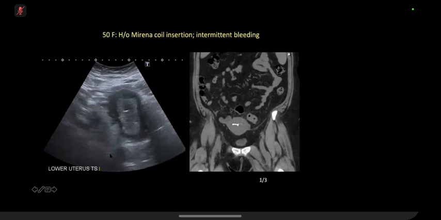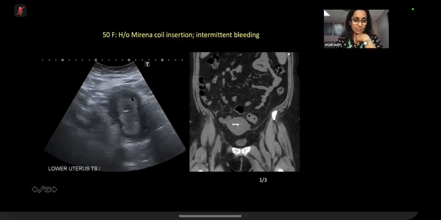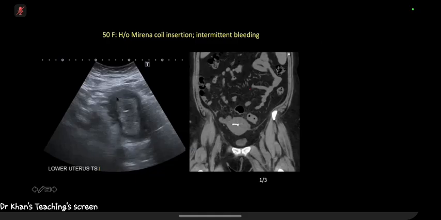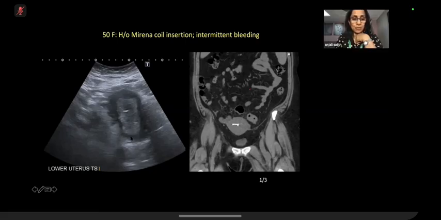Okay, so on the transabdominal ultrasound, there's a large area within the uterine cavity which is hyperechoic. I think the part of the Mirena coil as well as a focal linear high echogenic. So what do you think this hyperechoic area is within the uterus?